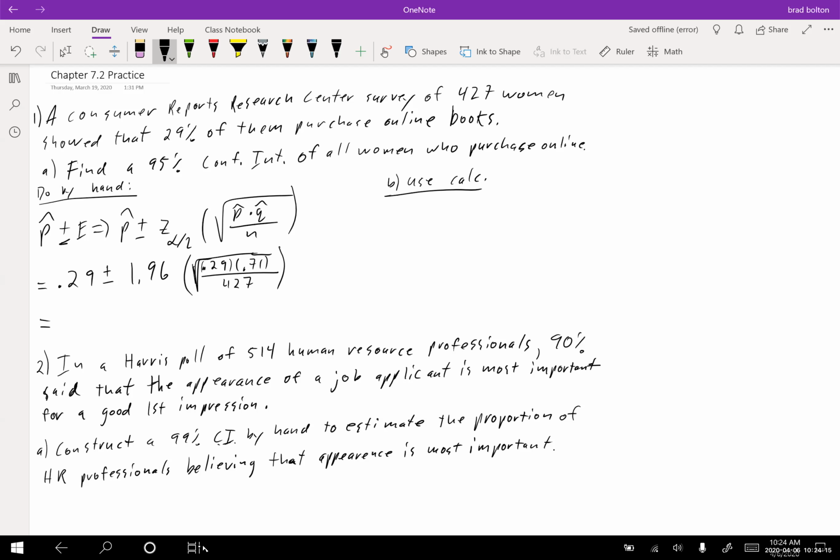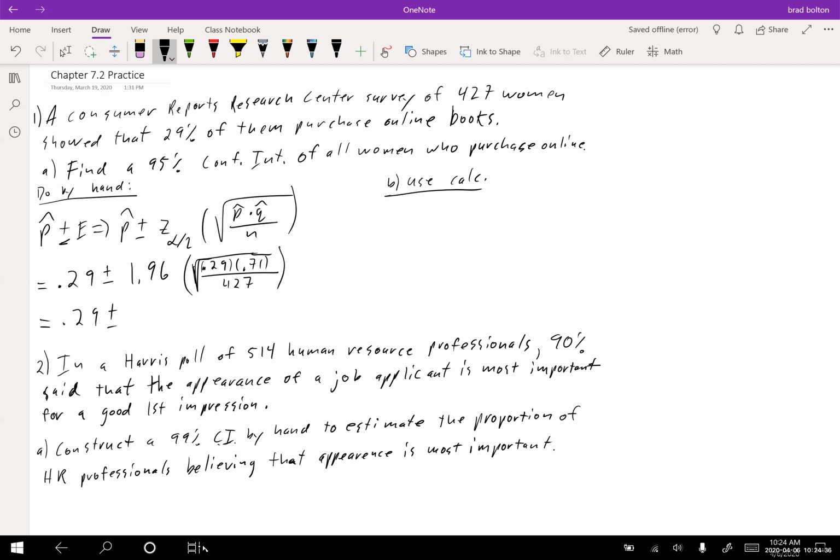So what do we get for our answer? So we get 0.29 plus or minus, and I'm going to do second function, square root of 0.29 times 0.71 divided by 427.